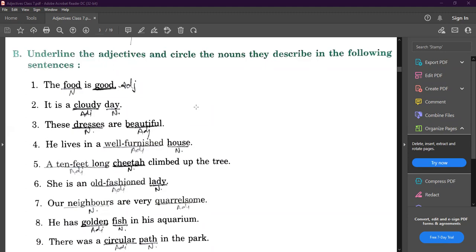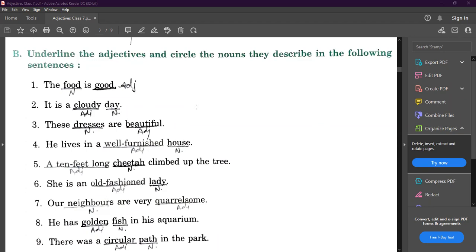He lives in a well-furnished house. Well-furnished, adjective. House is a noun. A 10 feet long cheetah climbed up the tree. Now 10 feet long is an adjective. Cheetah is a noun. She is an old-fashioned lady. So lady is a noun, old-fashioned is the adjective. Our neighbors are very quarrelsome.